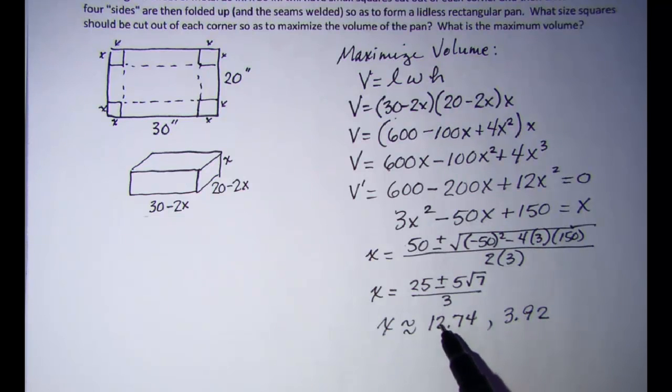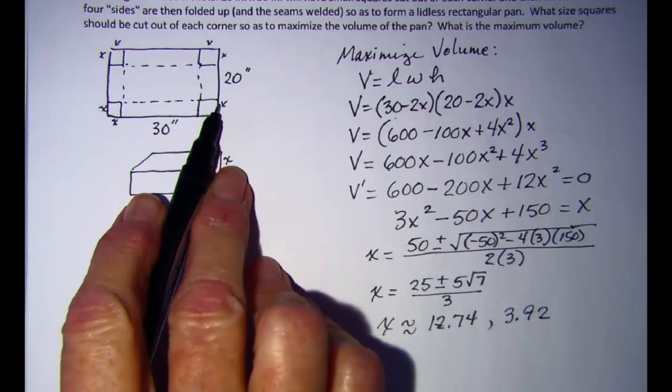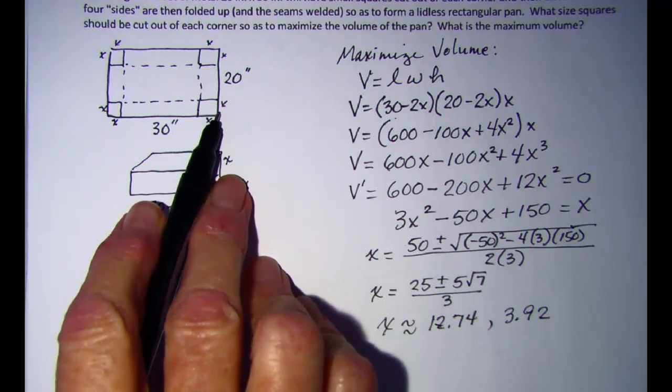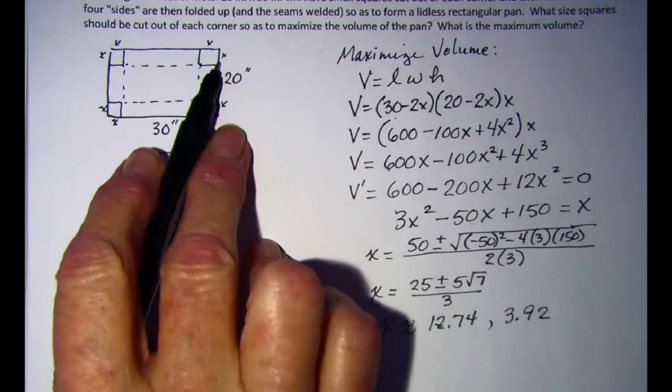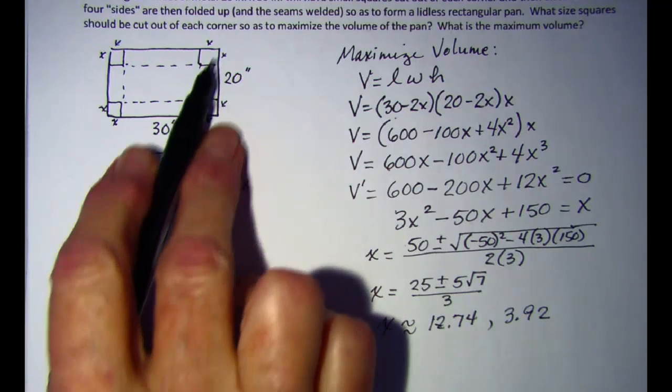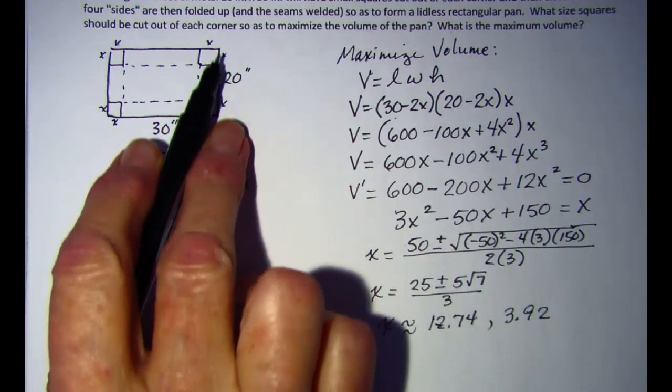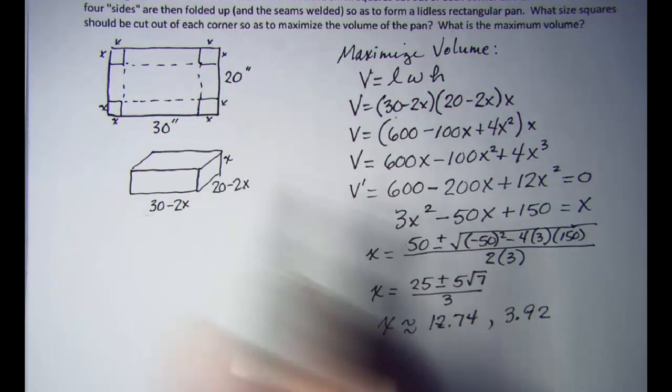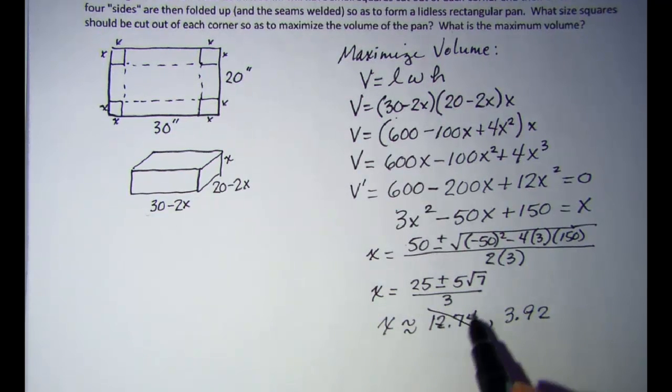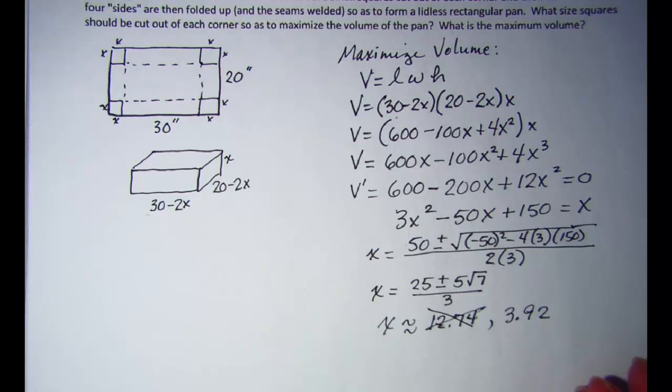Now if we look at our domain, if x is 12, taking 12 away on this end and 12 away on that end, that's a total of 24, which is too much because our side is only 20 inches long. So this value for x will not work.